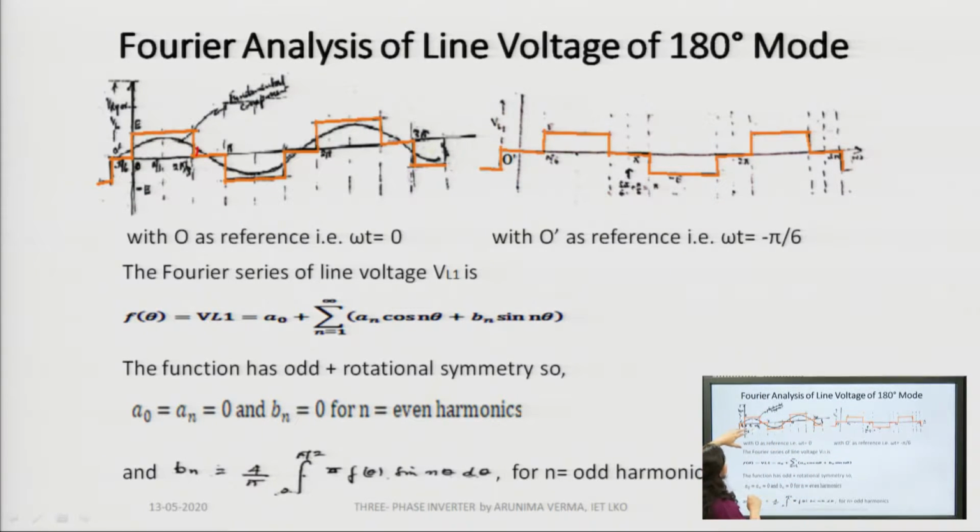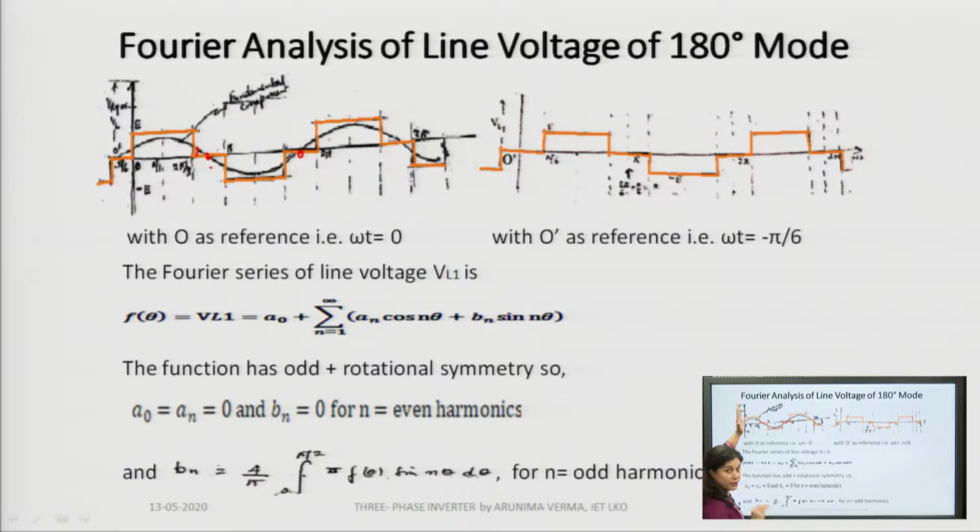Now, in this case, this fundamental is passing through the 0 crossover point. The 0 crossover point means from this point to this point, as you can see. This is the 0 crossover point of the fundamental. Again, it is passing through midway of this point. These are the points from where the fundamental is passing through, with O as reference, that is omega t.